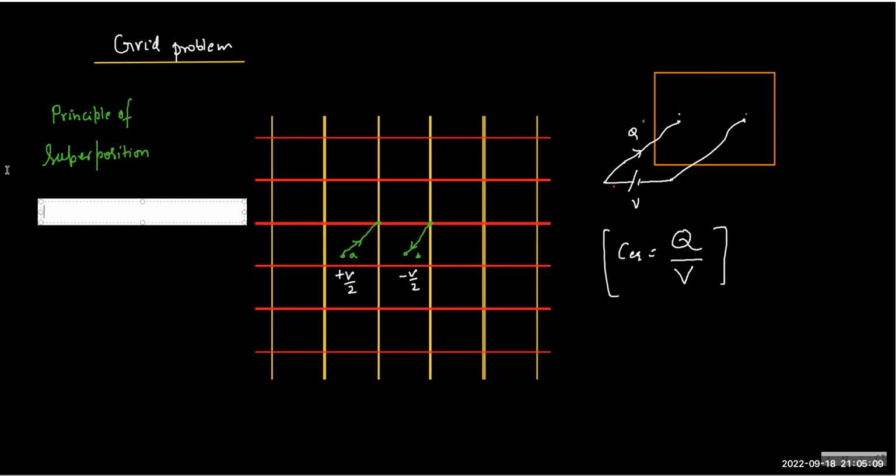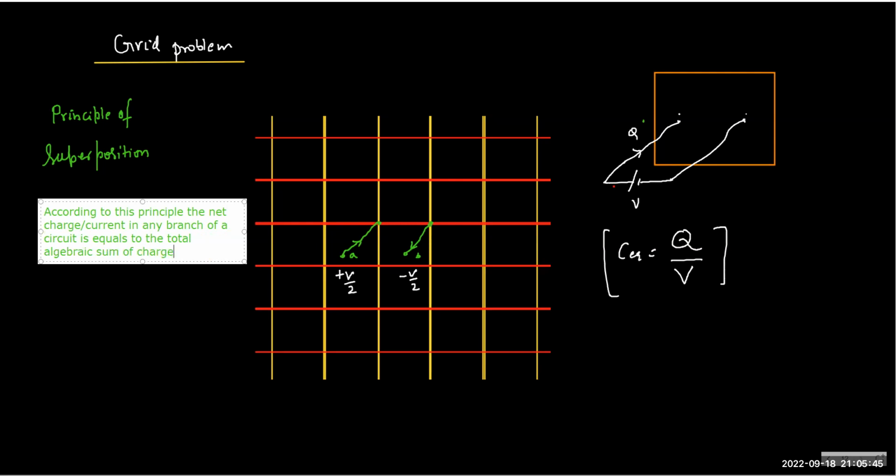Let me put it in words. According to this principle, the net charge or current in any branch of a circuit is equal to the total algebraic sum of charge or current, assuming one source is present at once and the rest are short circuited.